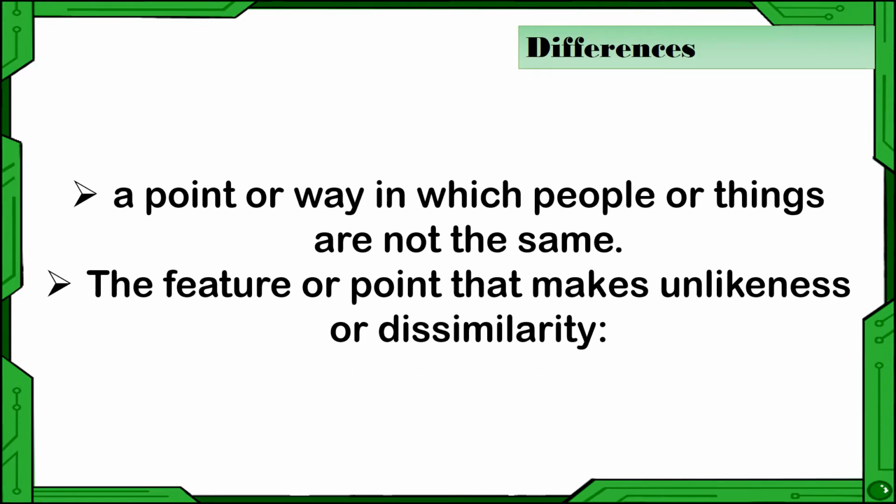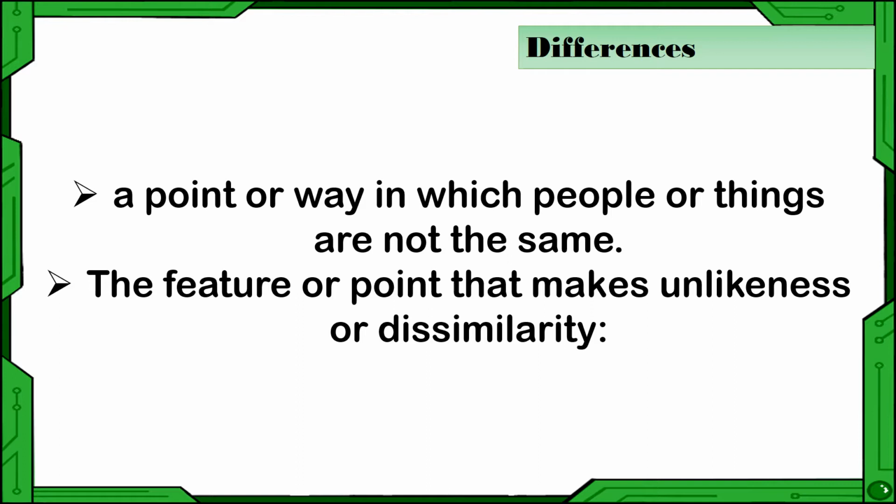Differences mean a point or way in which people or things are not the same. So basically it is something that makes two people, two things or two pictures not the same with each other.